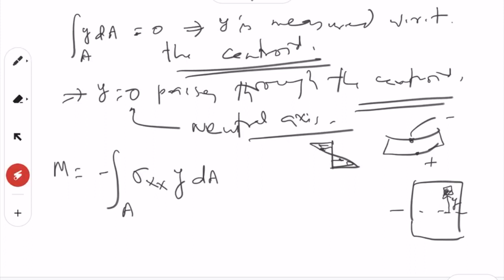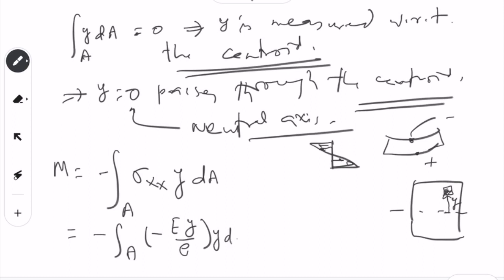So that is equal to minus the integral of sigma xx, which is minus E y over rho, times y dA. We get E over rho, and then the integral of y square dA, which is equal to EI over rho.